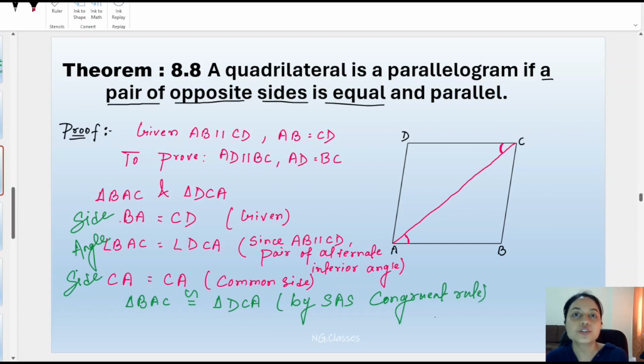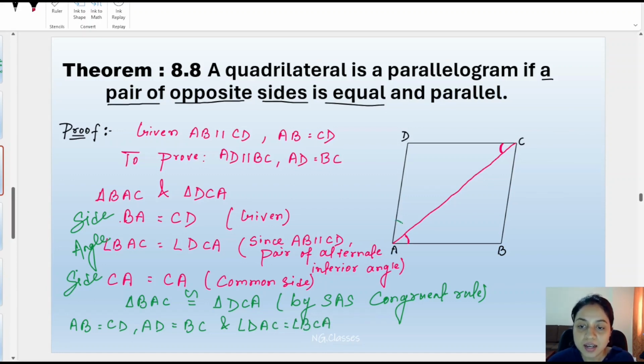And since these two triangles are congruent with each other, we can say their corresponding parts will also be equal to each other. That means side AB must be equal to side CD, side AD must be equal to side BC, and also angle DAC is equal to angle BCA.